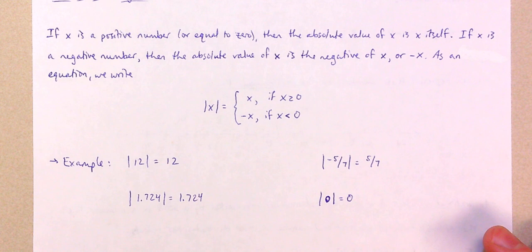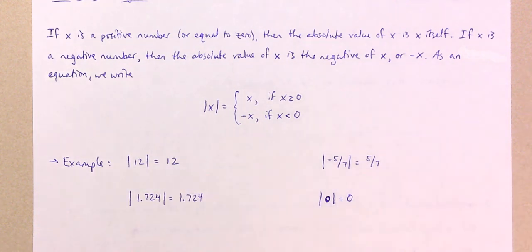If a number x is positive or equal to 0, then the absolute value is just going to be the number that it was. If x is a negative number, then the absolute value of x is going to be the negative of your x value. It's going to be minus x, and that's going to make it positive.